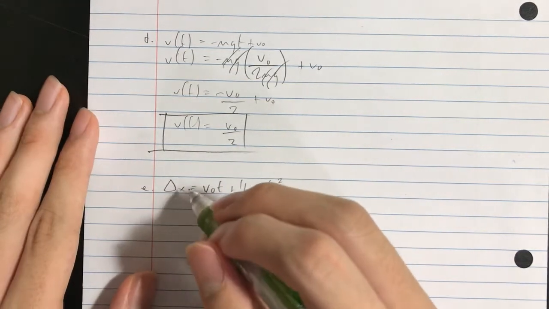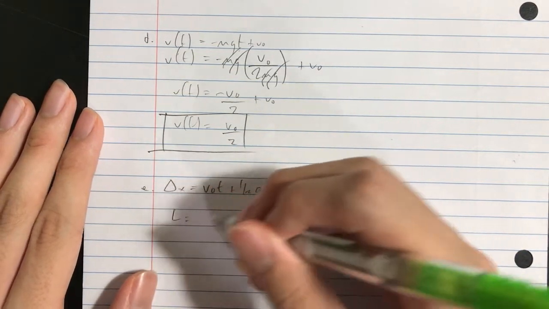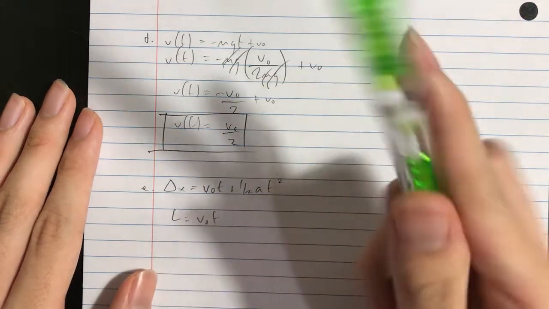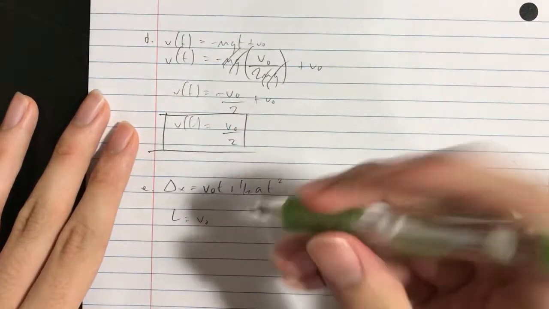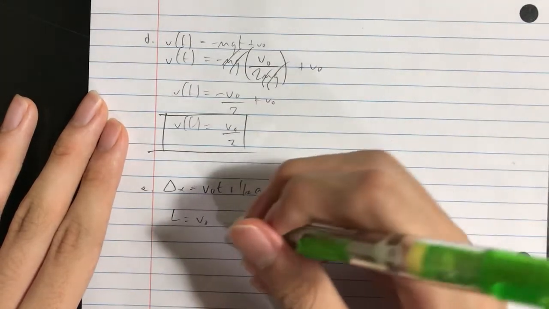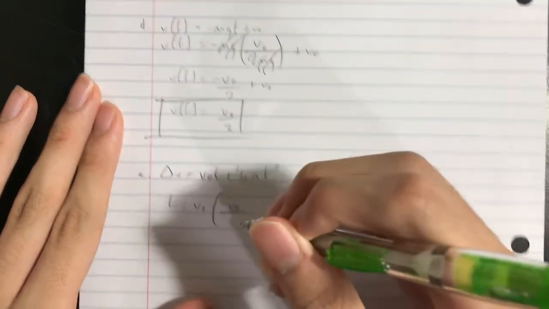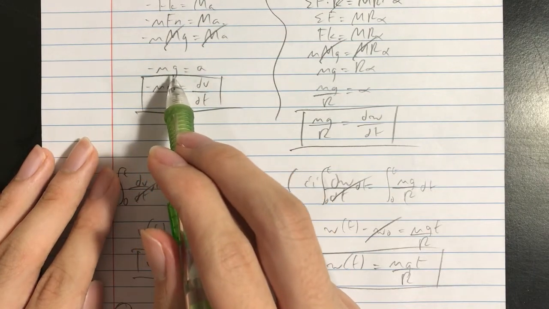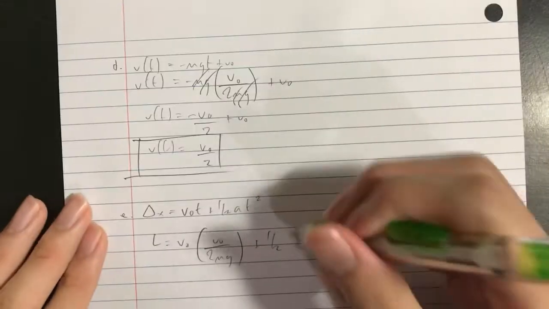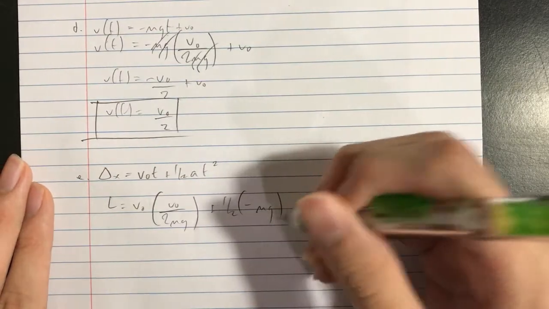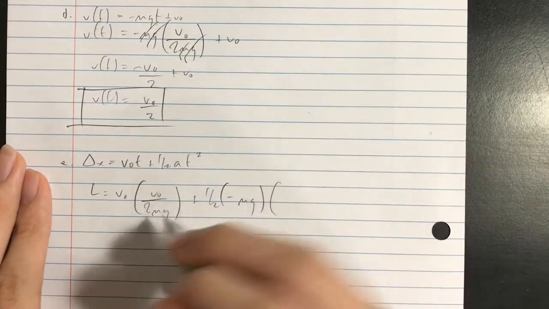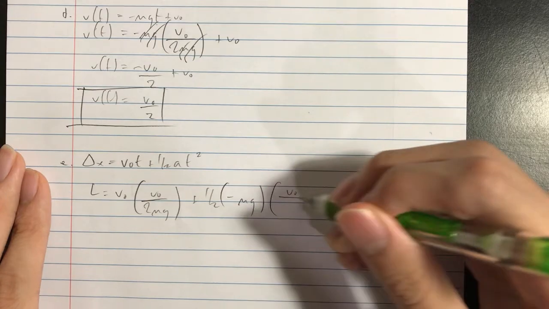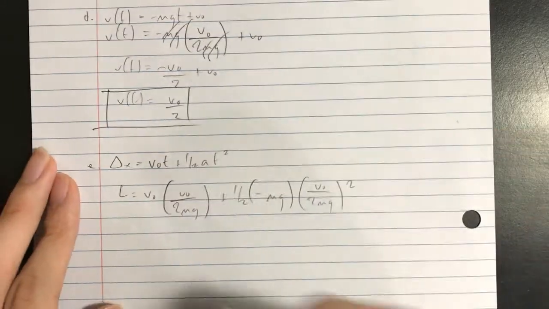So our distance that we need to find is L. We know what t is from part C, which is v0 over 2 mu g, plus 1/2 a. What is a? In part A, we found out that a equals negative mu g. We'll plug that right in: negative mu g, times t squared, where t is v0 over 2 mu g, squared.